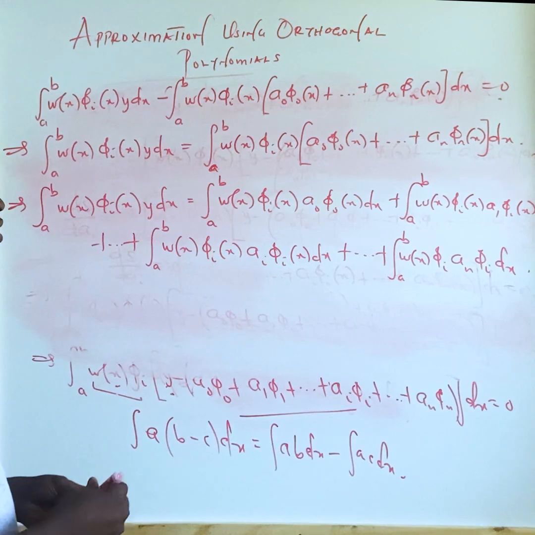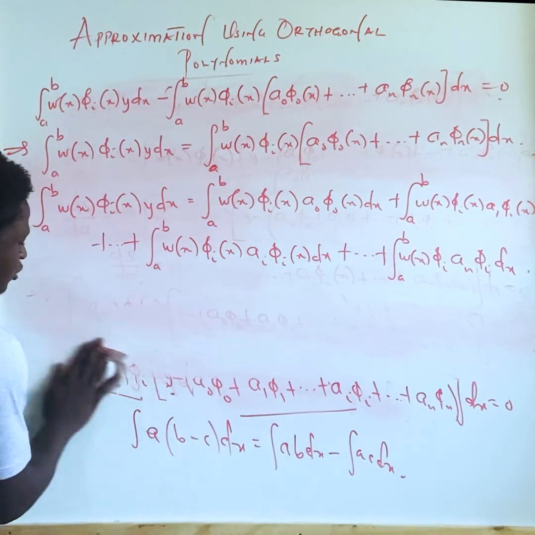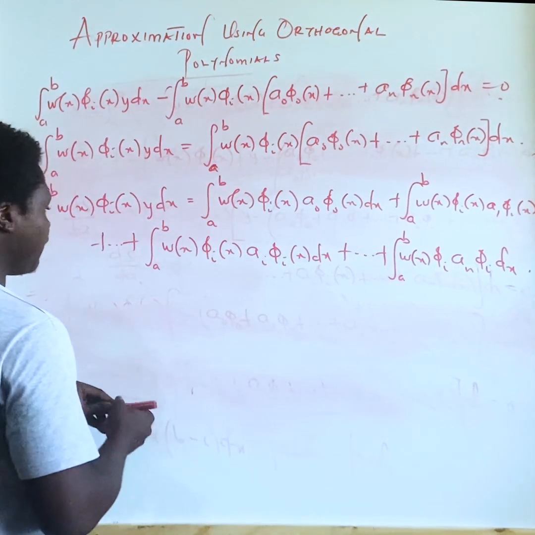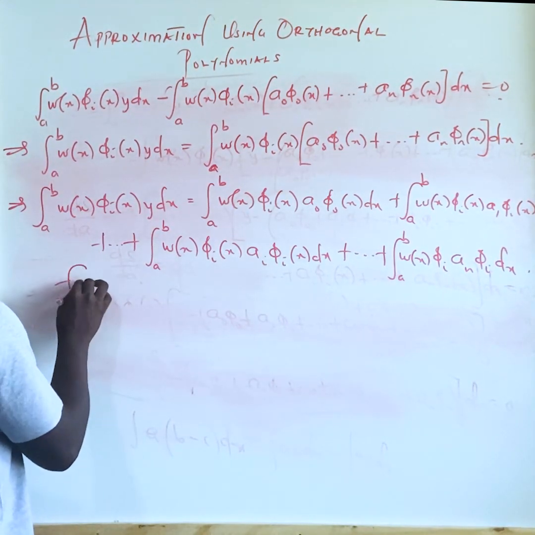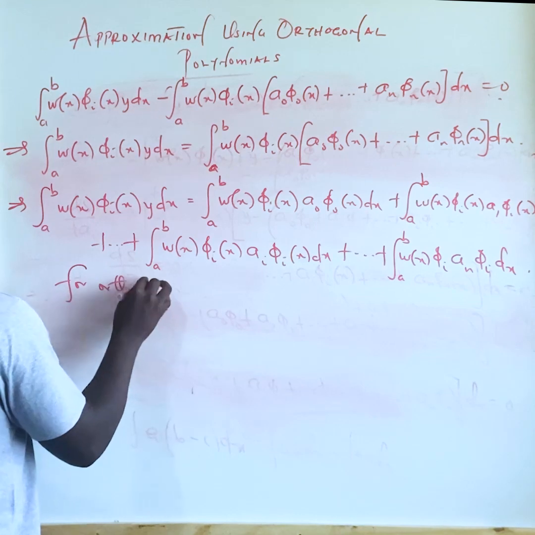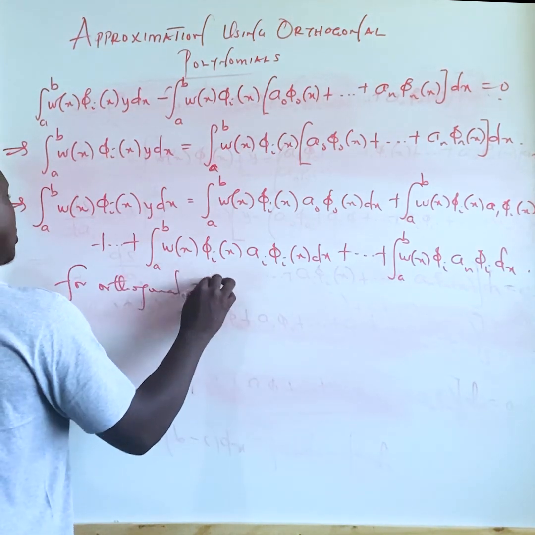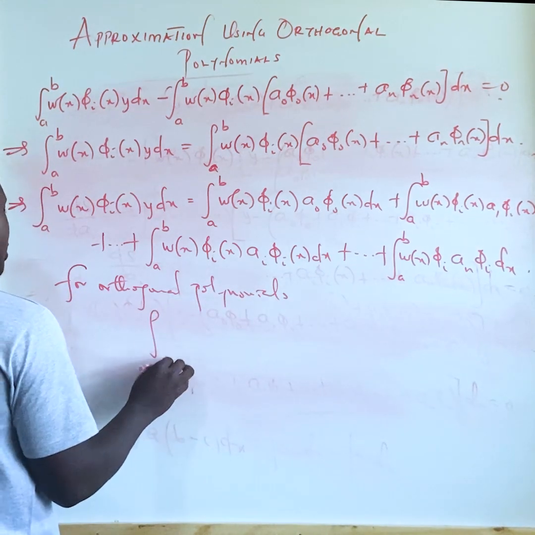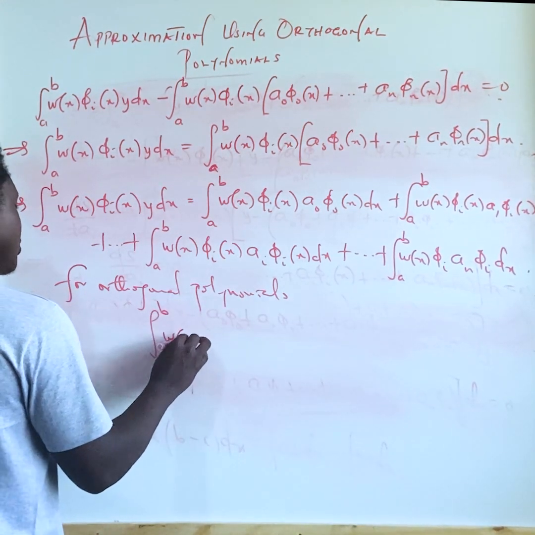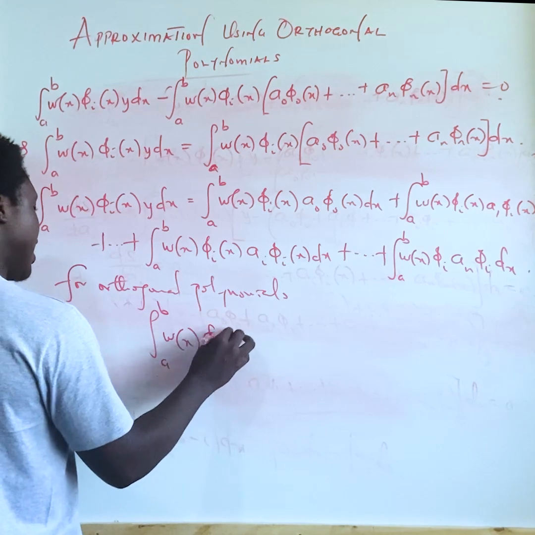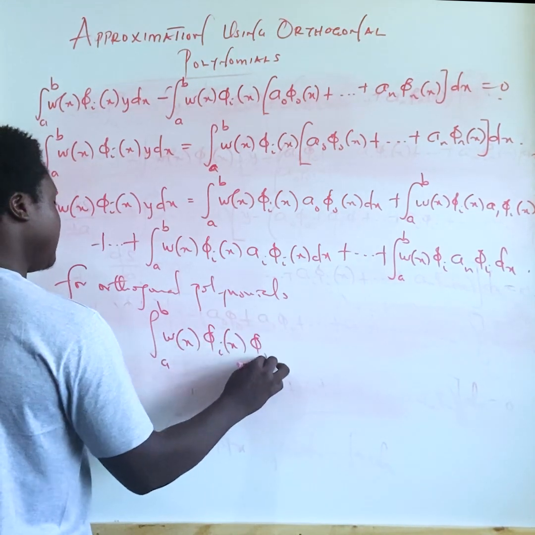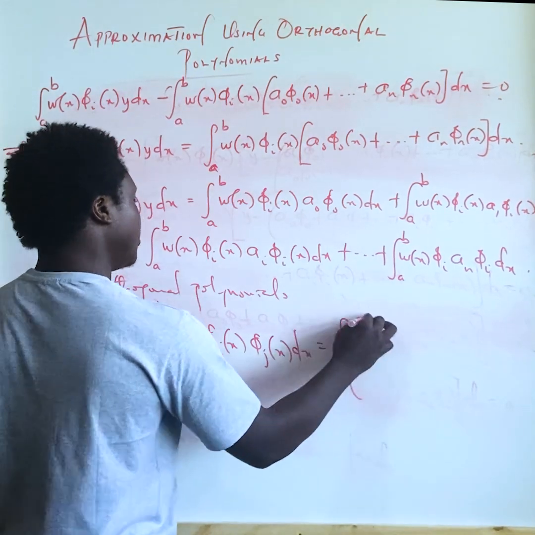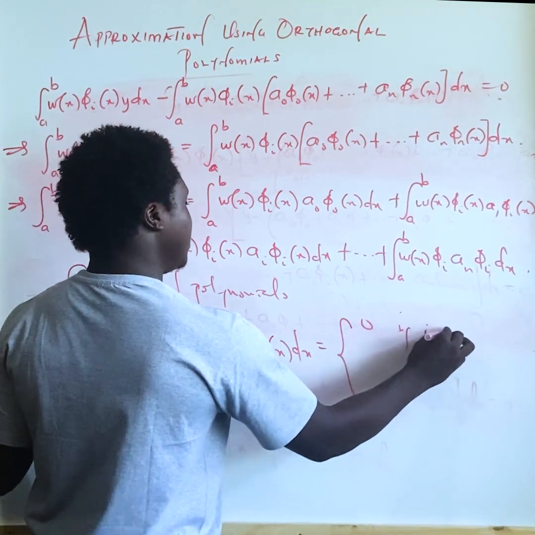So now remember, we said that two polynomials are said to be orthogonal with respect to a weight function if, so we said for orthogonal polynomials, the integral from a to b omega x phi_i of x phi_j of x dx should be equal to 0 if i is not equal to j.